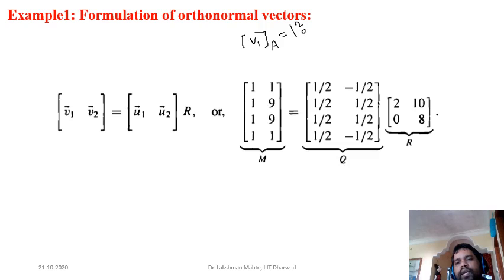That means it is saying 2 times u1 plus 0 times u2. And similarly, the coordinate of v2 with respect to the new orthonormal basis A was (10, 8).